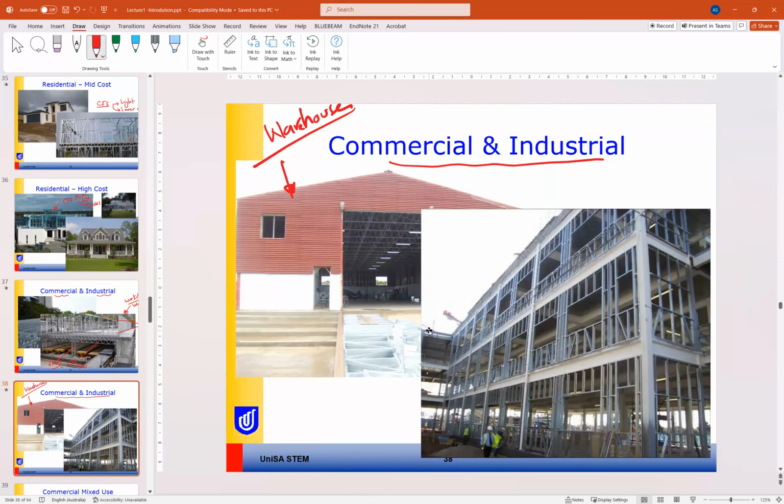But here, what do you notice for this building or this structure?